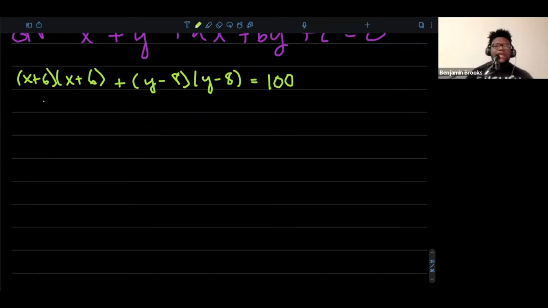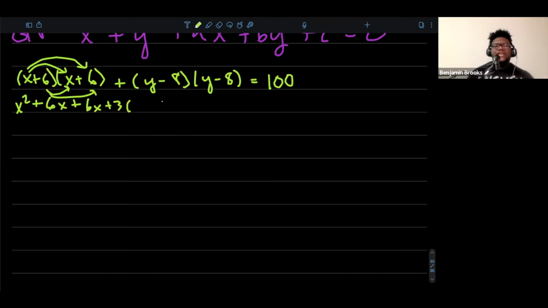And then we got x times x, which is x squared. Plus, x times 6, so that's going to be 6x. And then the next step is we're going to do 6 times x, so 6x, and then 6 times 6, which gives you 36.